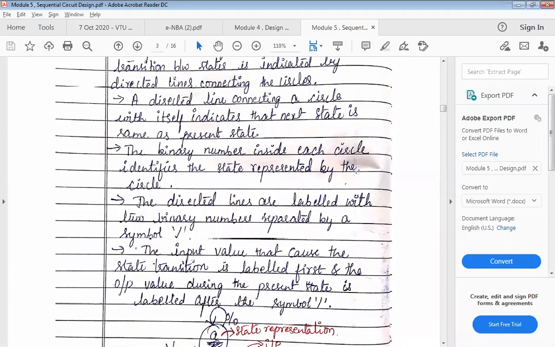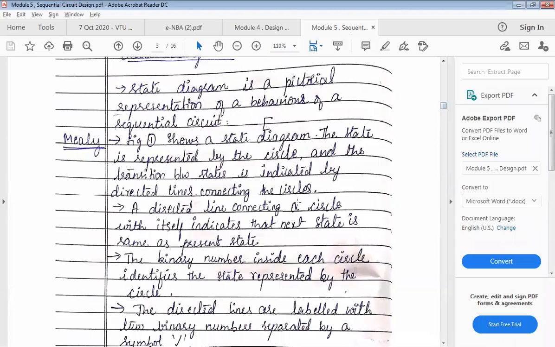What information is it giving us? A particular state in which it is, sir. Yes, it gives us information on what state it is in: its previous state, its present state, and its next state. So all this information is given to us, right?